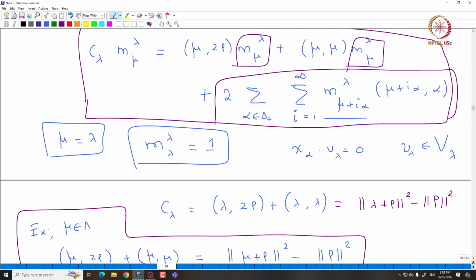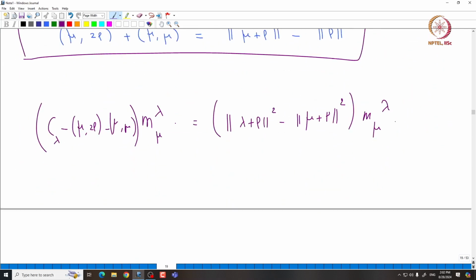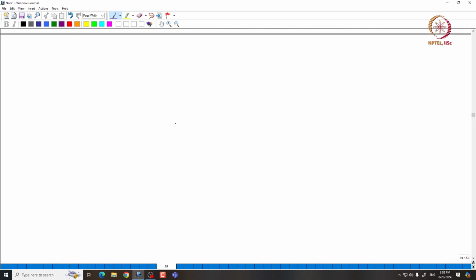The right hand side is twice the summation over alpha in delta plus, summation over i of the multiplicity of mu plus i alpha times mu plus i alpha comma alpha. So, putting them together we get the Freudenthal formula.